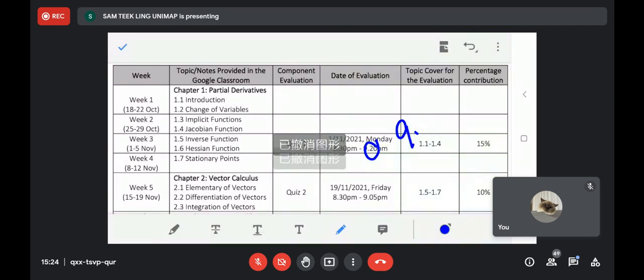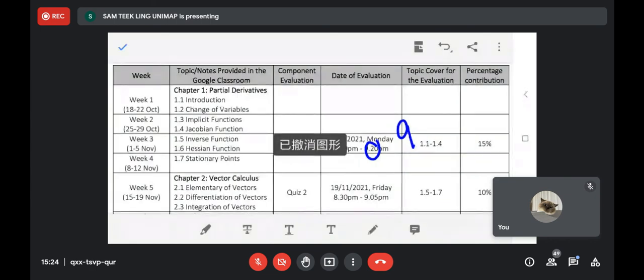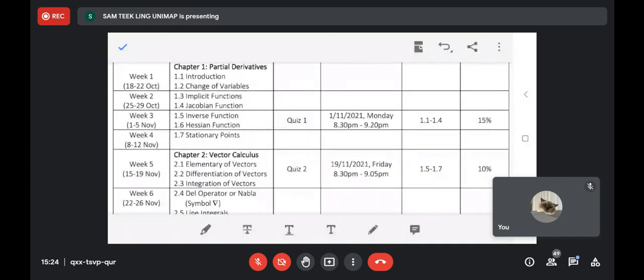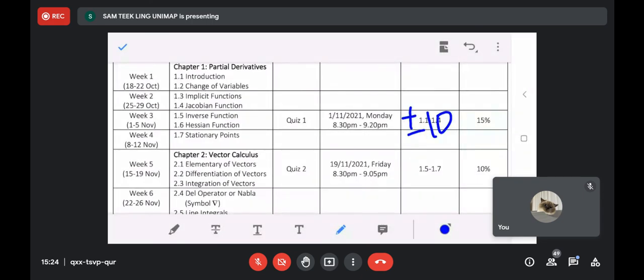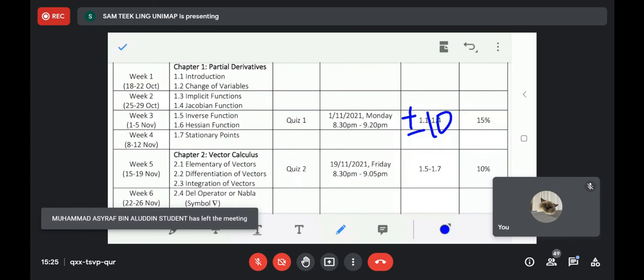So make sure, we give you 10 minutes, plus minus 10 minutes to upload. So 9:20, stop. Then snap your answer, then change it to PDF, then upload within 10 minutes. Give you the 10 minutes.